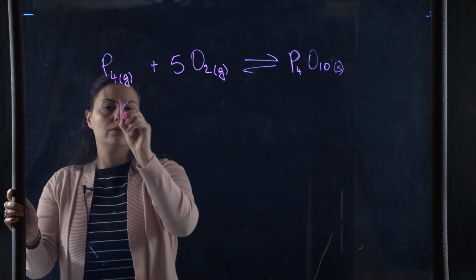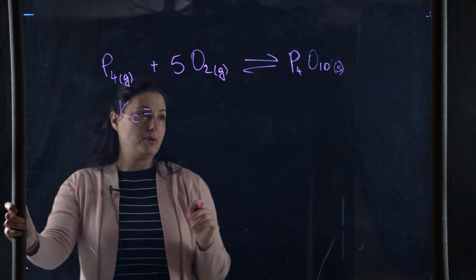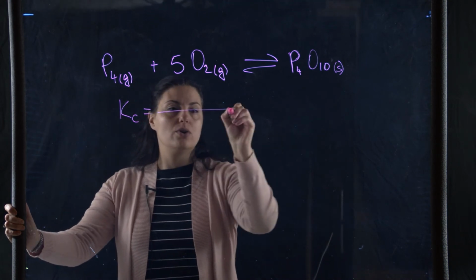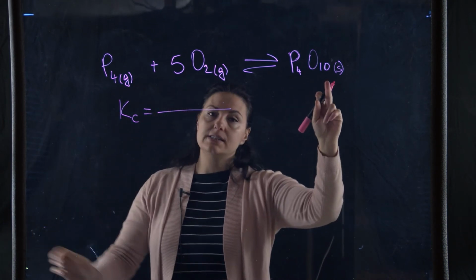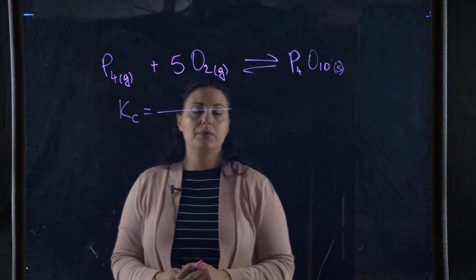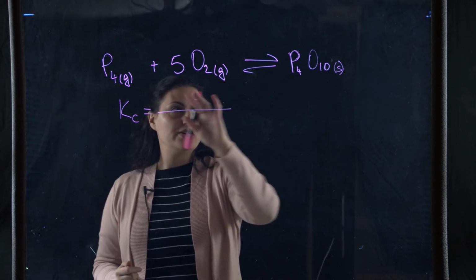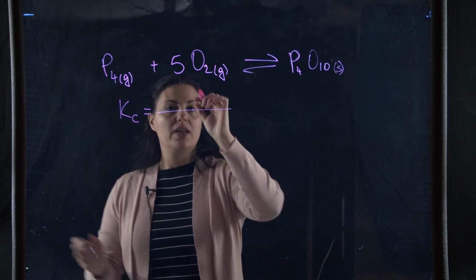Let's write the equilibrium expression Kc for this reaction. Well, I will have a quotient. On this side, I have a solid which doesn't appear in the equilibrium constant expression, but I have to put something up here anyway.